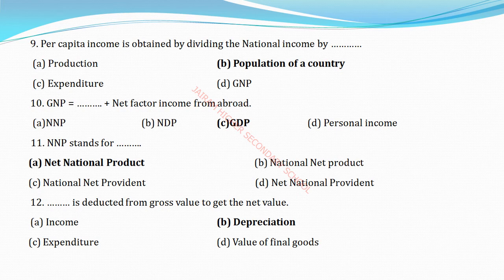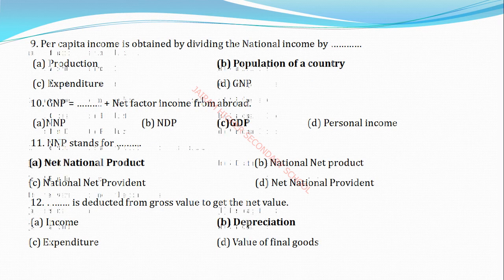And then GNP equals GDP plus net factor income from abroad. NNP stands for net national product. 12th question: depreciation is deducted from the gross value to get the net value.